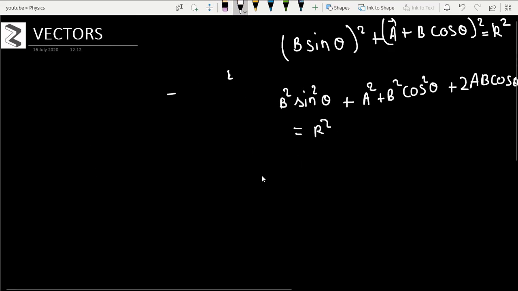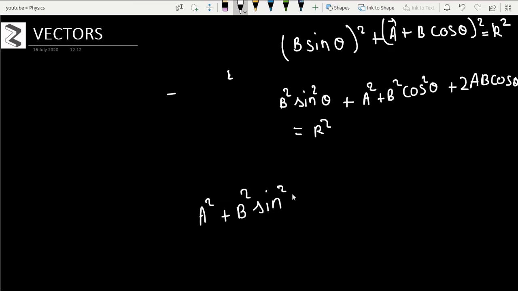And if we rearrange this formula as A square plus B square sine square theta plus B square cos square theta plus 2AB cos theta is equal to R square.